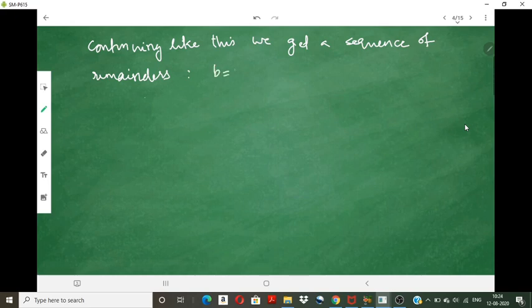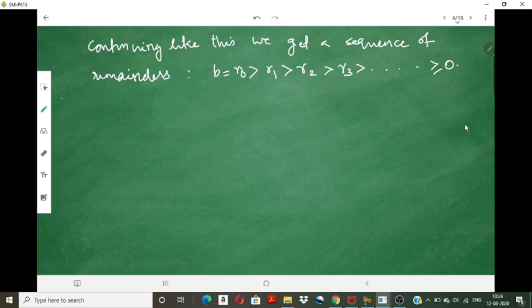So B is equal to R naught, which is greater than R1. And what about R1? R1 is greater than R2, greater than R3, etc., which is greater than or equal to 0, since the remainders are non-negative.